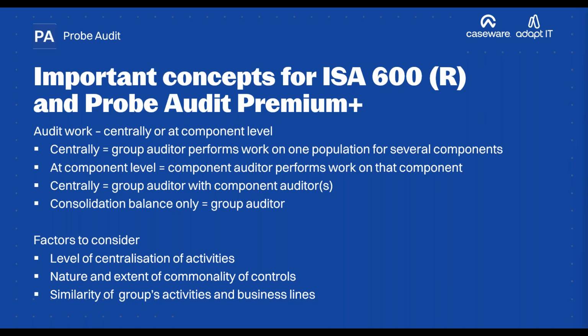Then the nature and the extent of the commonality of controls. If the controls are common across all the components, it's easier to determine, right, I'm going to audit it centrally because everywhere the controls are the same. And then the similarity of the group's activities and business lines. Let's say you want to audit revenue centrally, but if they've got different business lines and different types of revenue, it might be a bit tricky to audit all of that centrally.